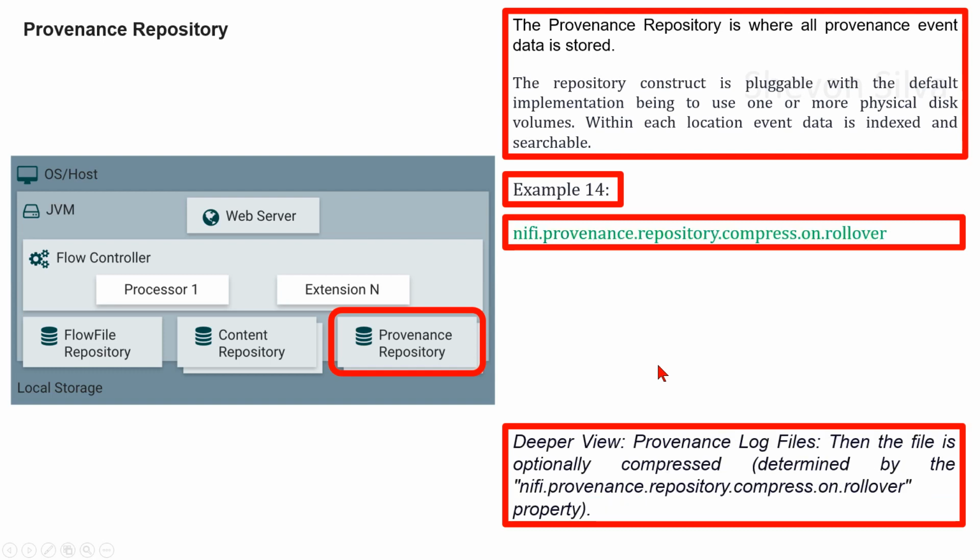Now we are considering the deeper view, Provenance log files. Each Provenance event has two maps, one for attributes before the event and one for updated attribute values. In general, the Provenance events don't store the updated values of attributes as they existed when the event was emitted, but instead the attribute values when the session is committed.